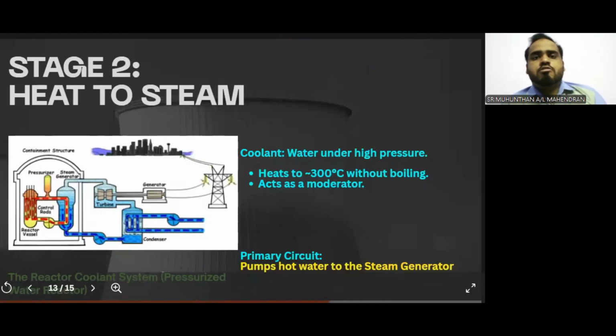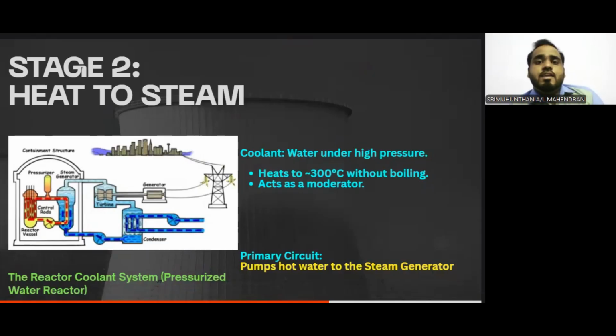So how do we capture this nuclear heat? This is the job of the reactor coolant system. In the most common type, which is the pressurized water reactor, the core is submerged in water under extremely high pressure.